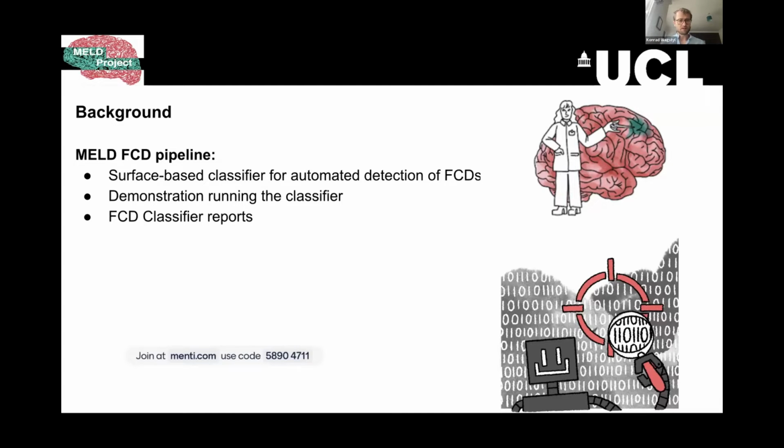Depending on whether that's useful or not, we might skip ahead to interpreting the reports, because I think Mathilde's video is really the best way of learning how to do that, but we'll see. And then at the end, we'll go through 2 classifier reports and hopefully there'll be 1 or 2 volunteers who could have a go at interpreting them, and then that might be a nice interactive process.